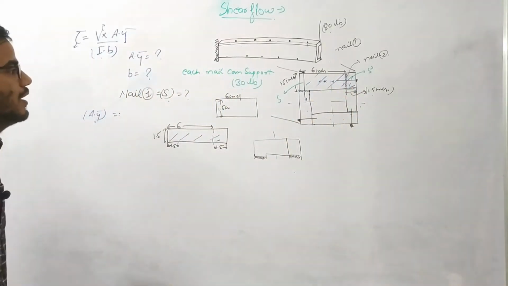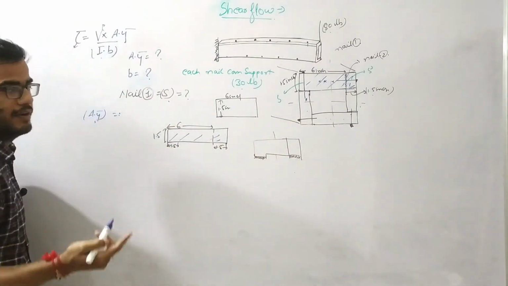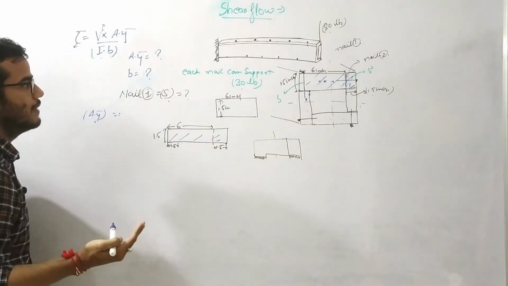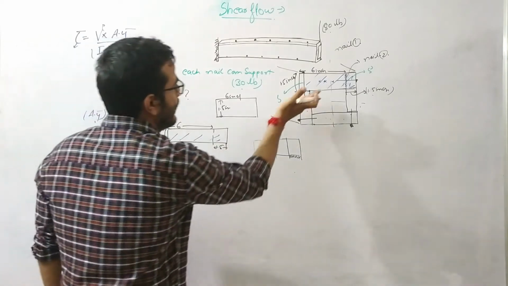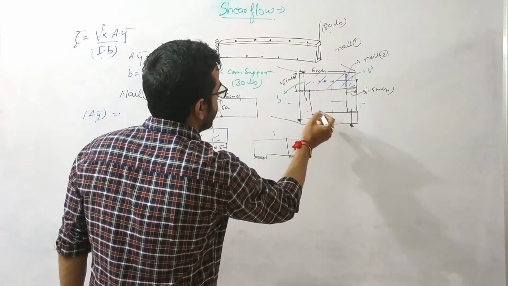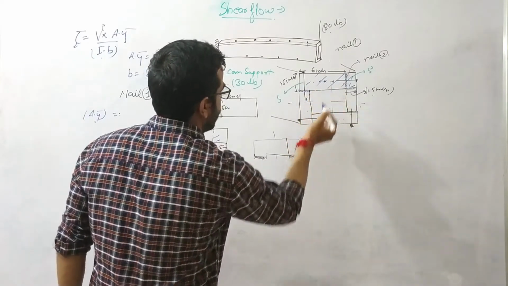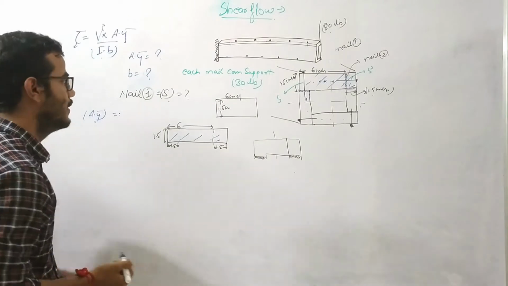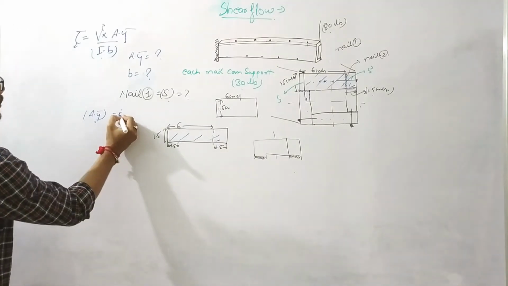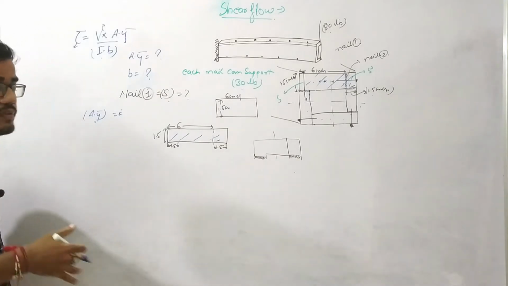I can take this area also, but the AY bar calculation will be a little bit tough. The answer will come out to be the same. So I have taken the cross section above the cut because AY bar will be easy to calculate. AY bar is also clear, and the moment of inertia we have to calculate is for the whole section about the neutral axis.